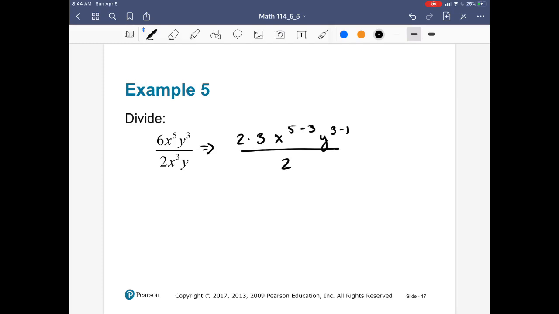We have a base of y, which is 3 and 1, therefore the exponents will subtract. So the 2's cancel out, so I have 3x to the 5 minus 3 which is 2, y to the 3 minus 1 which is 2.